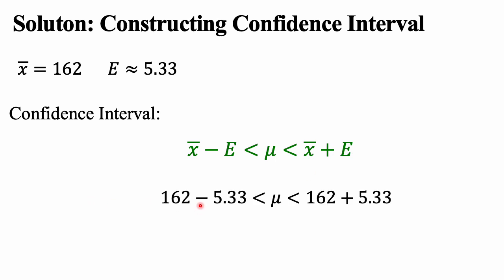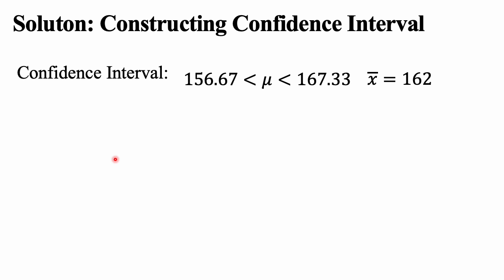So you can calculate 160 minus 5.33 and 160 plus 5.33, which means the population mean is going to be between 156.67 and 167.33.